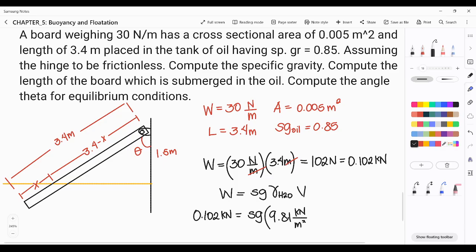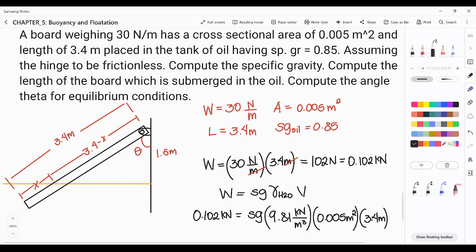Yeah. And then the volume natin, anong given? We are given area and the length. So we simply multiply that two para makuha natin yung overall or total volume ng board. So area is 0.005 square meters multiplied by our length, which is 3.4 meters.